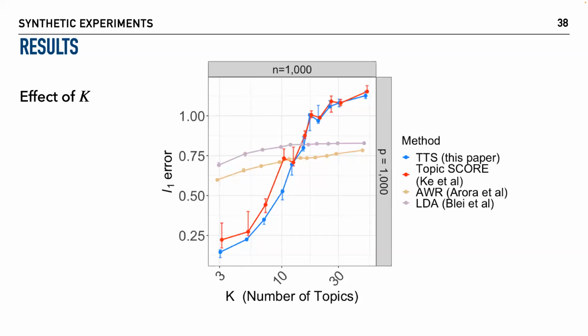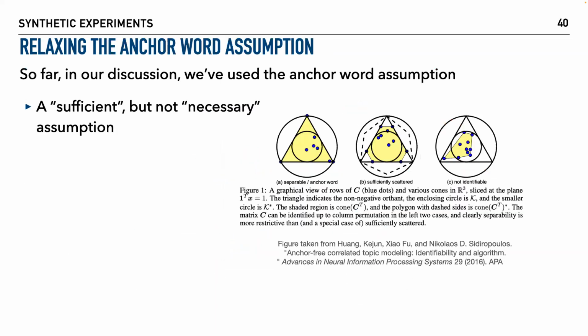Interestingly, at K equals roughly 15, the different methods sort of catch up. So the message of this slide is that as you go into higher and higher numbers of topics, you have to be a little bit careful, and maybe AWR, actually LDA, is a better candidate. In the interest of time, I'll skip over the analysis of all of this.